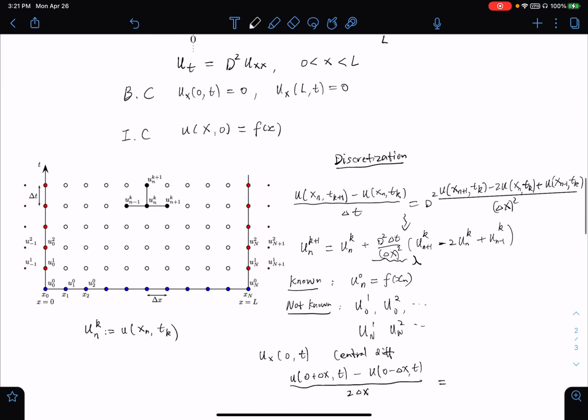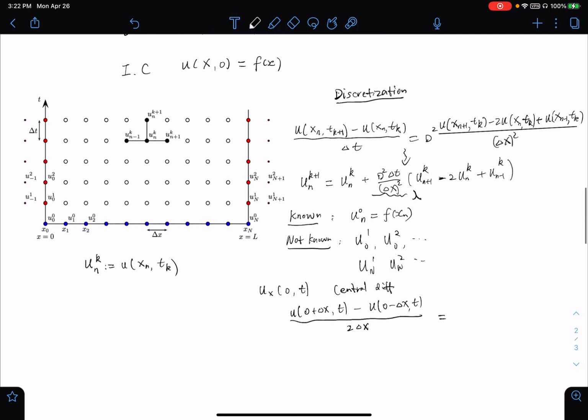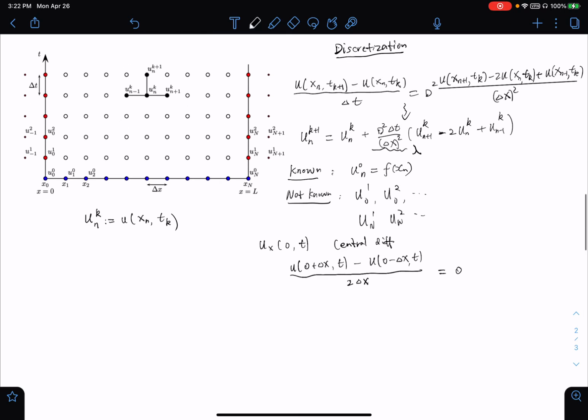And the boundary condition says the u_x derivative is 0, so this is equal to 0. So what we can get is that u at delta x for all time t is equal to u at minus delta x for all time t.